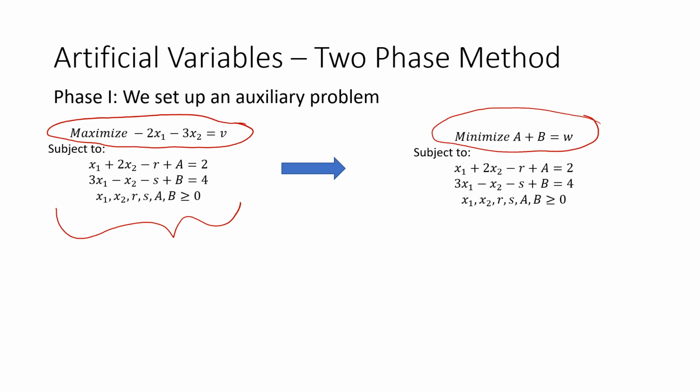So think about when this happens. This happens when a equals 0 and b equals 0, because a and b in our new problem have to be non-negative. When are they minimized? When they're 0. So now we have another linear program very closely related, the same constraints, but we've replaced our objective function to get us where we want to go.